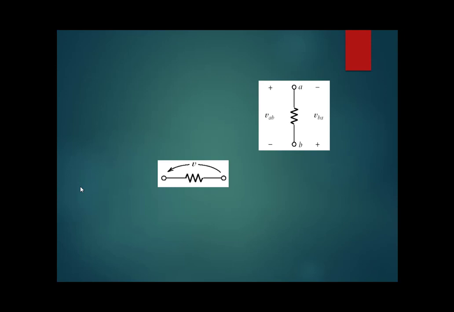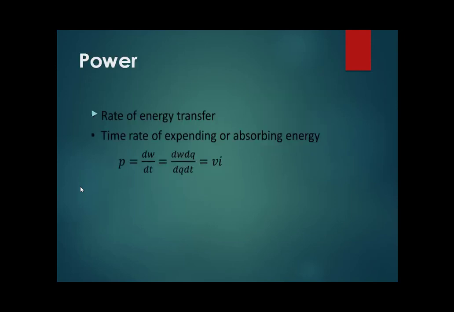In this example you see some notation: if we want to calculate the voltage between A and B, there are two things, VAB and VBA. It is only indicated by changing the direction of flow of current, like electrons.